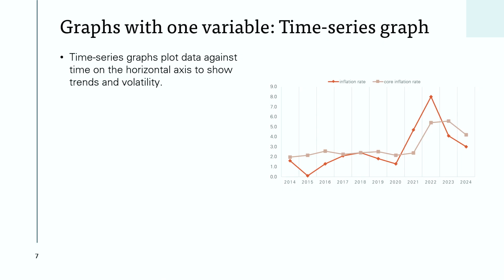You can see how inflation remained relatively low for many years, increased sharply around 2021 and 2022, and then began to decline afterward. Economists use time series graphs in many cases because many economic variables change over time, like GDP, unemployment rates, inflation, interest rates, and stock market indexes.